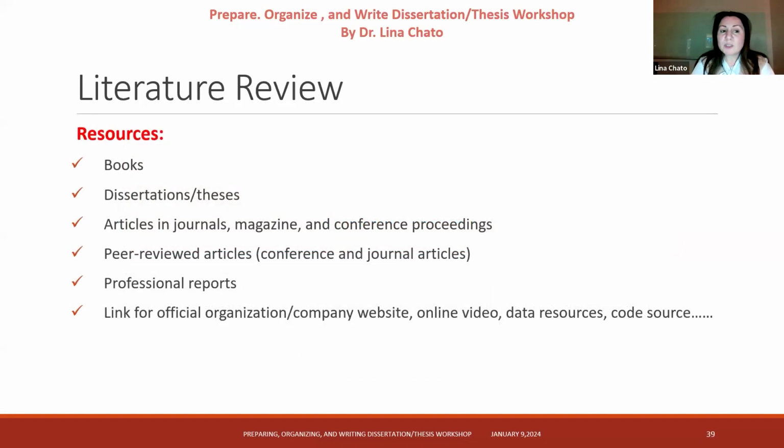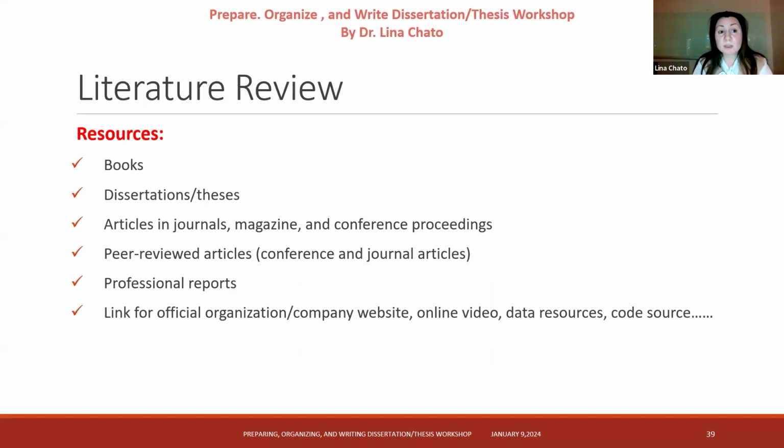What are the resources of the literature review? How can we get them? They are books, dissertations, theses, articles or journals, magazines, conference proceedings, conference papers, peer-reviewed papers, professional reports, maybe organizations, from which you will get, for example, data, company websites, tools, online videos, okay.